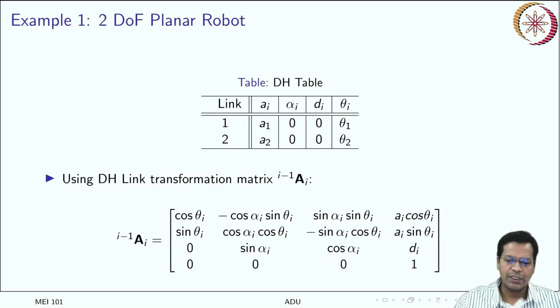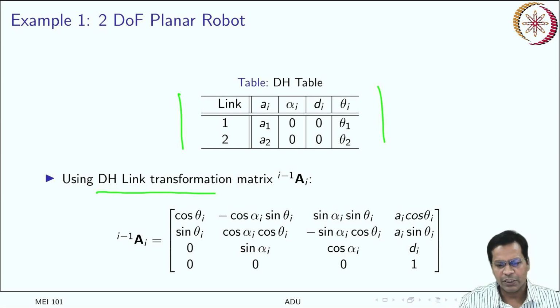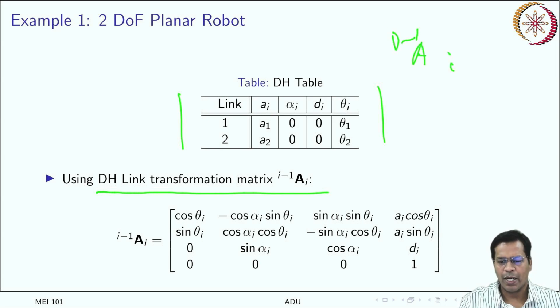Okay, we have reached till here, so the DH parameter table I have just transferred here. We already know the link transformation matrix. So it starts from i minus 1 to i. If I put i is equal to 1, that is your first one, with respect to 0, and I will put all the values which are here.